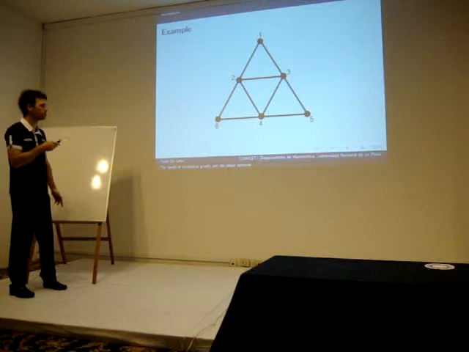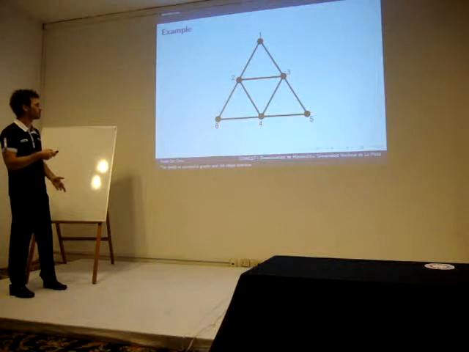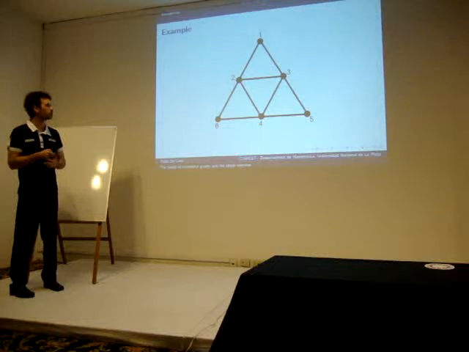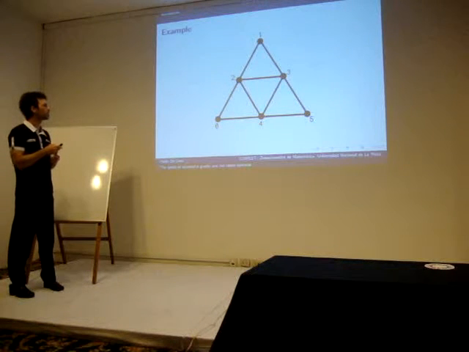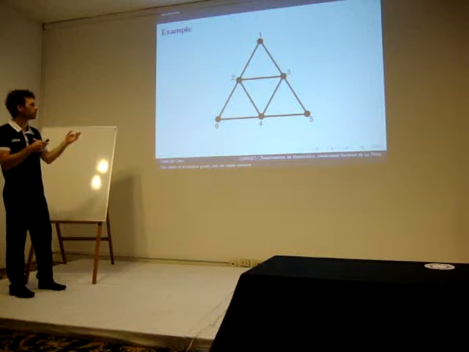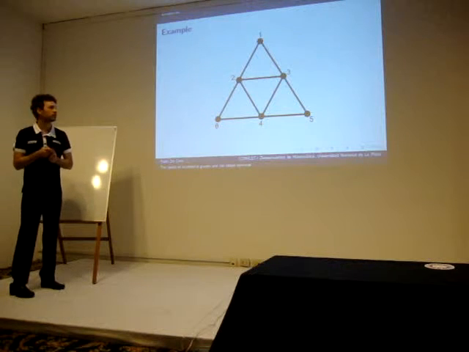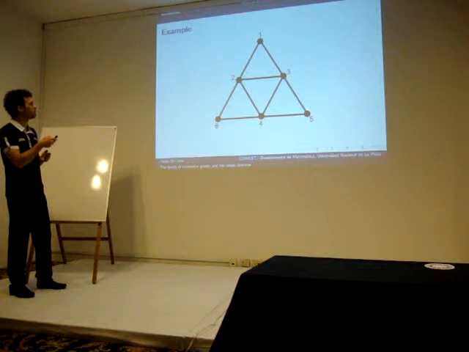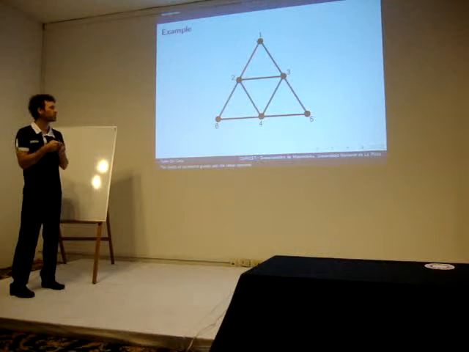The characterization we have shown here is one of the few tools we have to prove that a graph is not a clique graph. This is the simplest example of a graph which is not a clique graph. And to see that this is not a clique graph, we can assume that there is a cover like the one of the theorem, a cover by completes that is Helly. And in that case, we would need to have the triangle 1, 2, 3 in that family, because otherwise, to cover the edges of that triangle, we would have each edge separately.